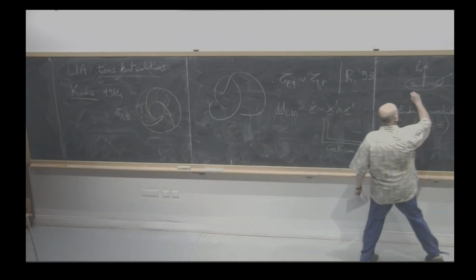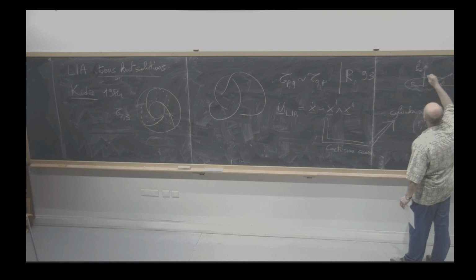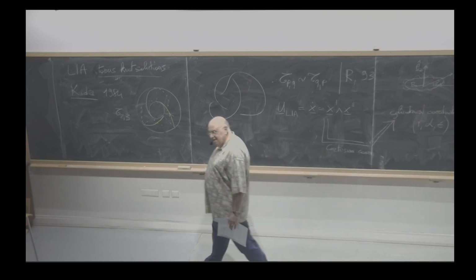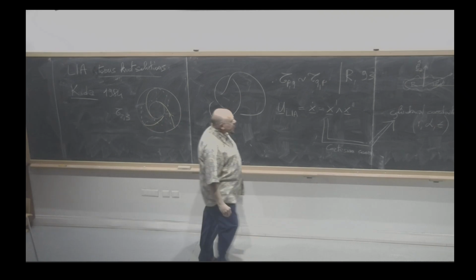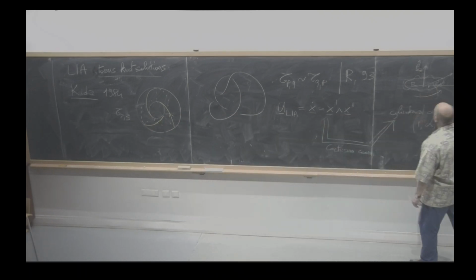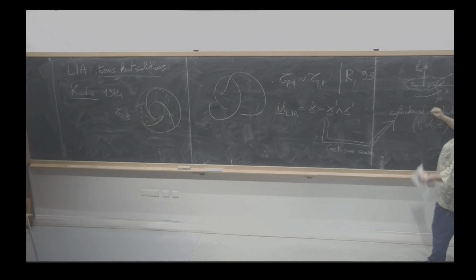I want to linearly perturb this filament, this line, not only in this direction but also in this direction. This is called the longitude, and this is the meridian on a torus.